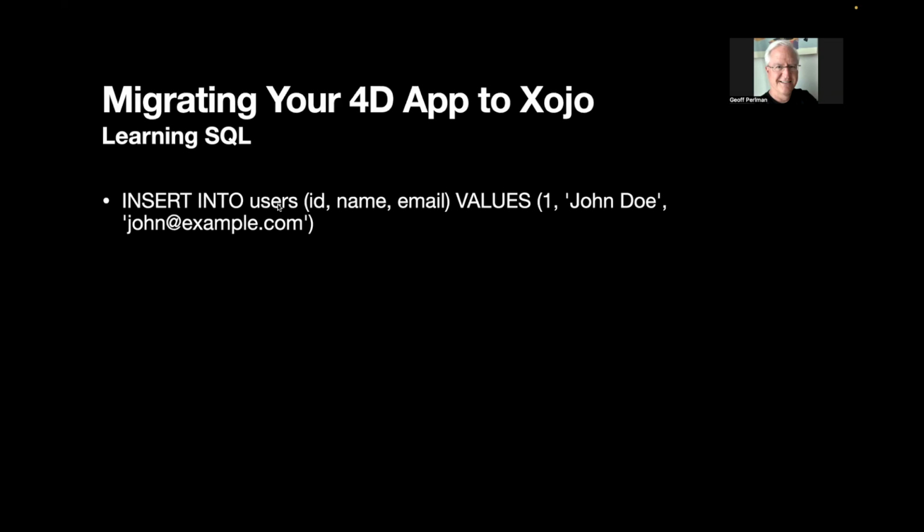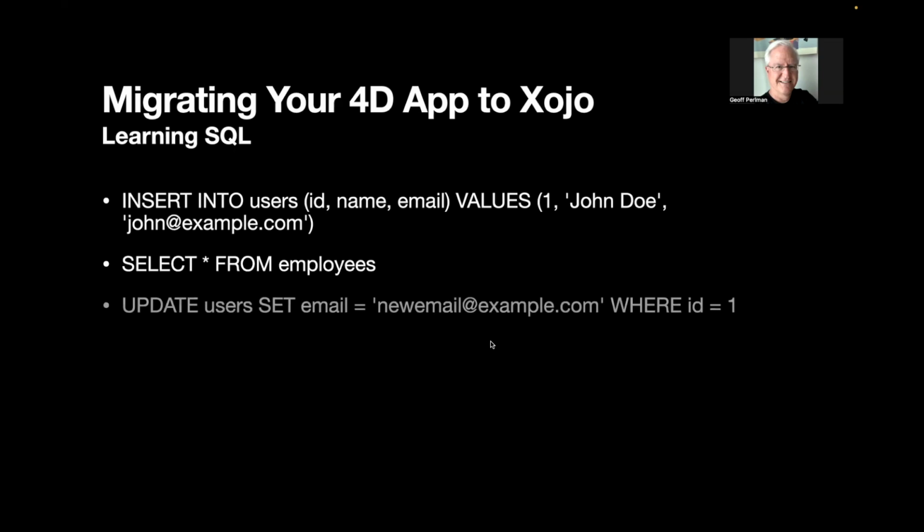You say insert into, you give it a table, you tell it the columns you're inserting into, then you give it the values, and the values are in a separate set of parentheses, and that inserts those values into the columns. A query you call select. Star means you want all the columns from the name of the table. If you want specific columns, you can replace the star with a comma delimited list of columns.